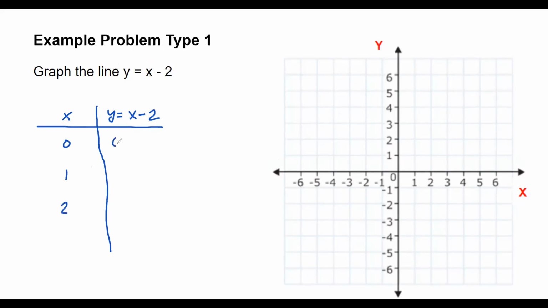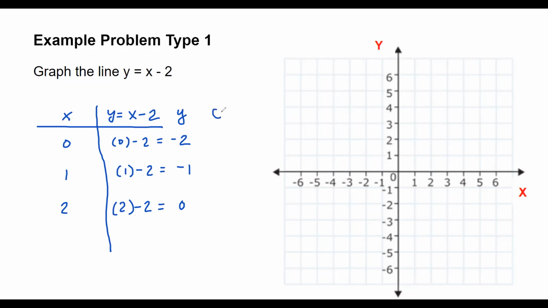Now we substitute in x equals 0, minus 2. We evaluate that. Use your calculator if necessary. Then we substitute in 1, minus 2. We get negative 1. And then finally 2 minus 2, which is 0. So these are our y values: minus 2, minus 1, 0.